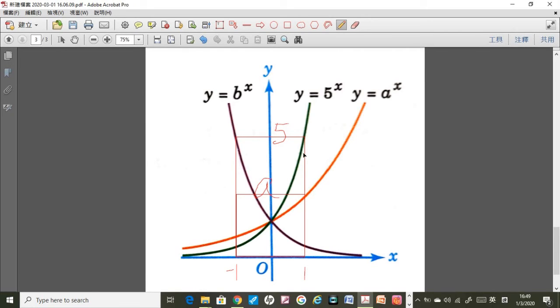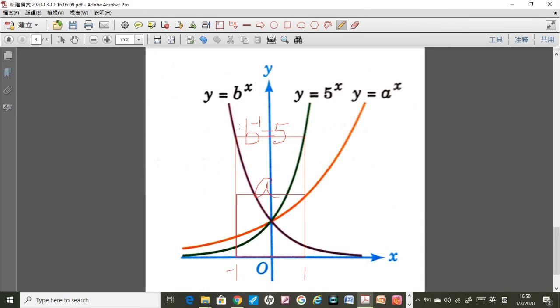Another way: this one is symmetric, so when you put x equal to 1, you will get the value of y. It's just the same as putting x equal to -1 in this graph. So this one is b to the power -1. That means b to the power -1 is equal to 5.